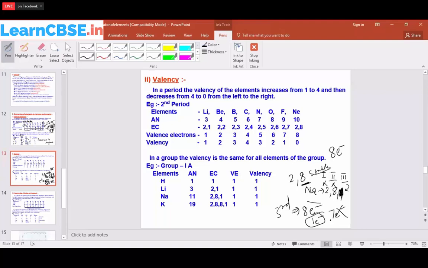That's why sodium metal is highly reactive: it removes the one electron in the outermost shell to reach a stable configuration, which is very easy for sodium. So the valency of sodium is 1.